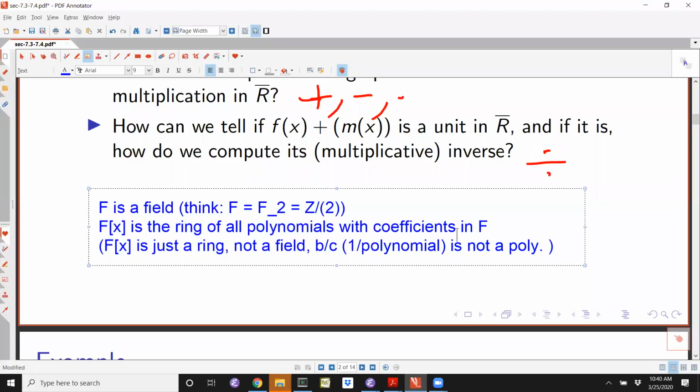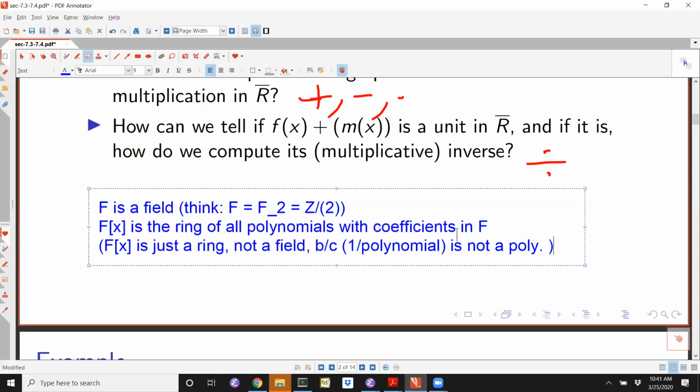So does that answer your question? F equals Z mod 2 is an example, and it's essentially the only example that we'll deal with in this course for this particular construction of R bar.